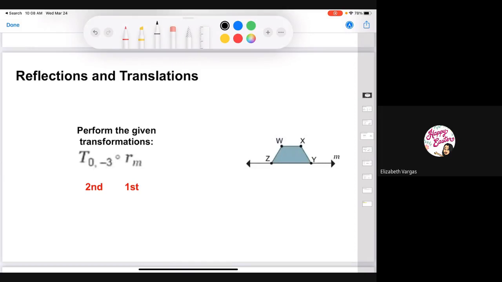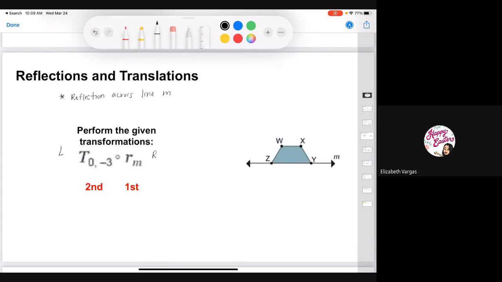For example, here we have a reflection and a translation. We're being asked to perform the given transformation that we see here. So we have a composition of transformations, and we want to read it from right to left. The first one we'll do is the reflection across line M. That'll be our first one.